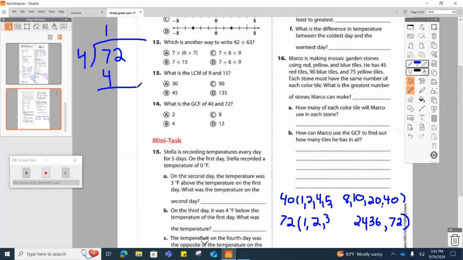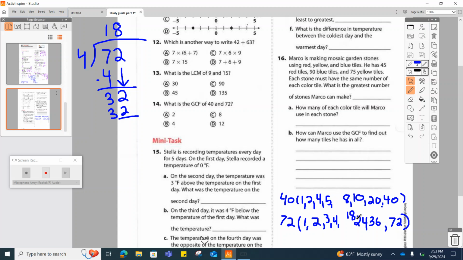Bring down a 2. And now you can use your multiplication table to see that 4 does go into 32 8 times. 8 times 4 is 32. So we have 4 and we have 18.